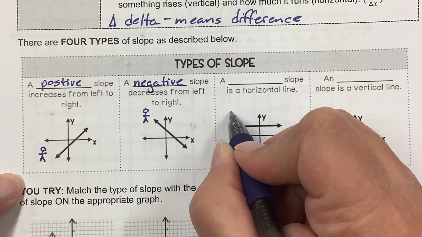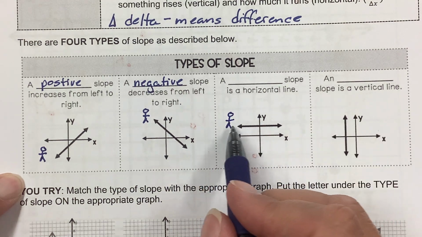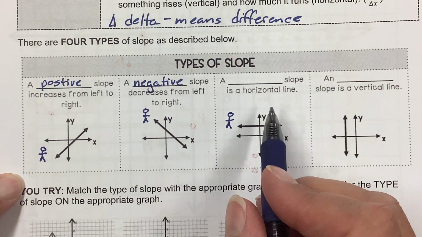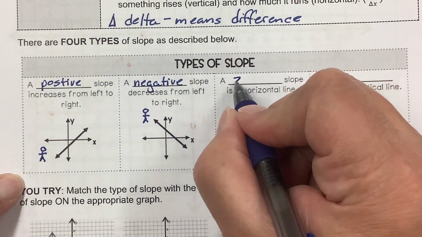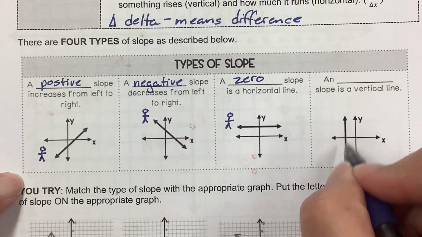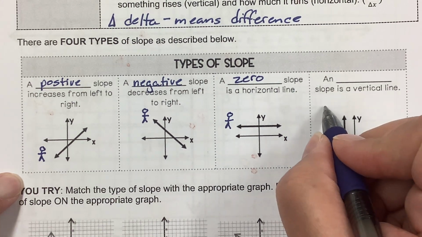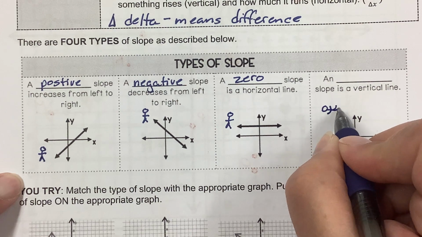Now, here's my buddy Lefty, and he is liking this line. He just has to walk straight across. No up, no down, no nothing. There is zero slope. And that's a horizontal line. Now, here's a line. Oh dear, what's going to happen to Lefty? Well, here he is. He is having a problem.